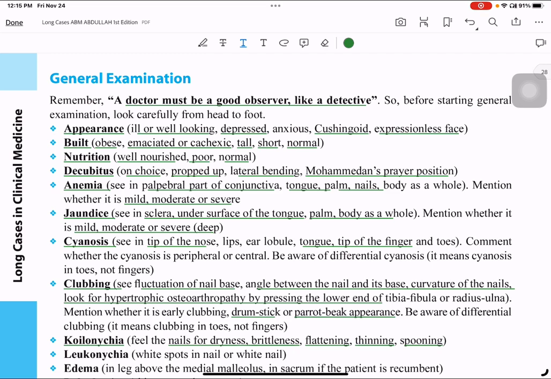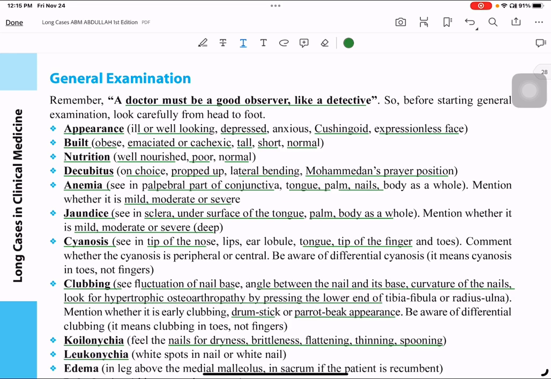Usually koilonychia indicates iron deficiency anemia. In iron deficiency anemia, the patient may have dryness, brittleness, flattening, and thinning of the nail, sometimes spooning. So from koilonychia, we can think of the patient having some iron deficiency anemia.